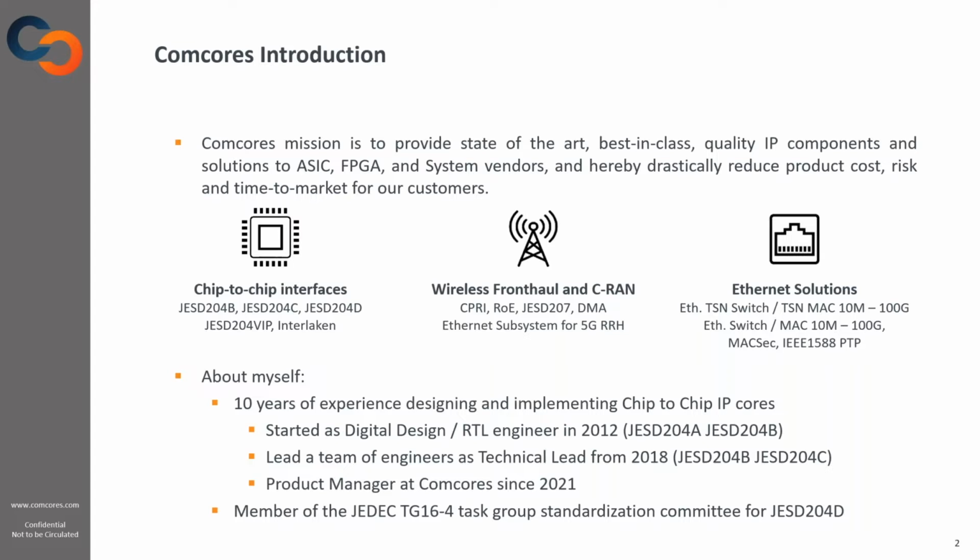The chip-to-chip interfaces, which are JESD204 and Interlaken; the wireless and front-haul solutions, so CPRI, eCPRI, and Ethernet subsystems for 5G; and also Ethernet solutions, so we have switches and MACs, also time-sensitive networks and MACsec, all that kind of super fun stuff. But today we're going to talk about Interlaken.